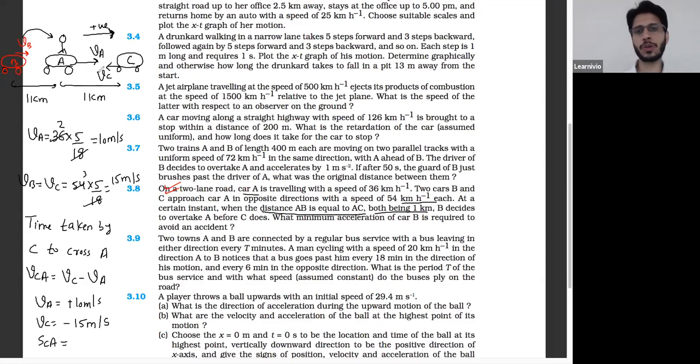It would be plus 1 kilometer or minus 1 kilometer? It's moving to the left hand side, right? Yes, minus. So whatever the displacement it will cover to the left hand side, it should be minus of 1 kilometer. So I'm converting this in meter, minus 1000. So let's substitute these values.